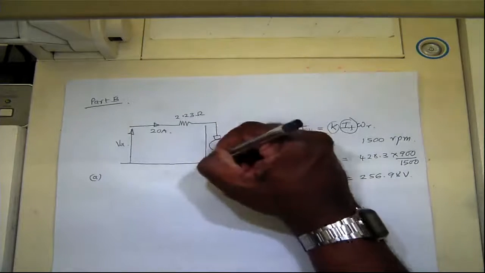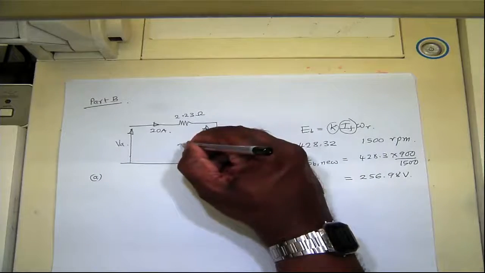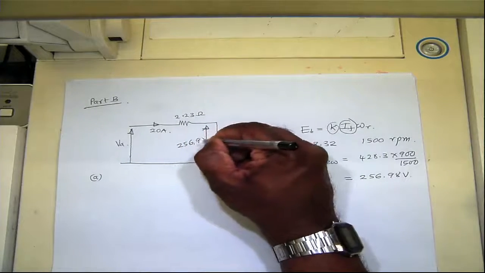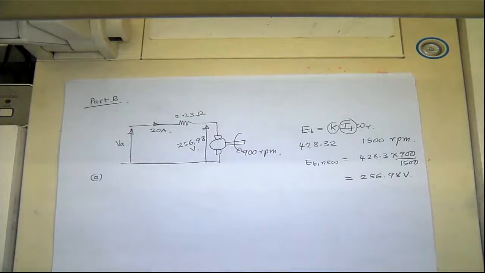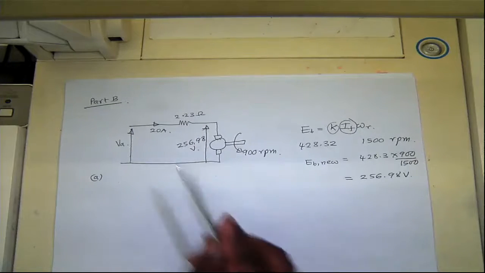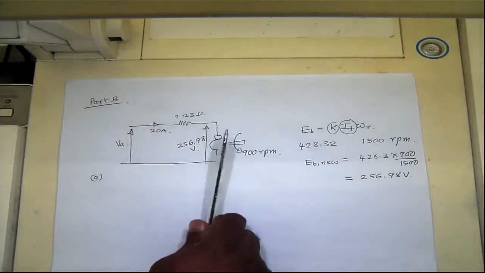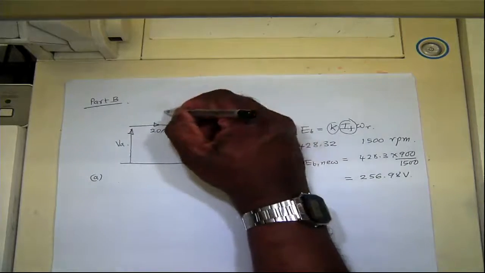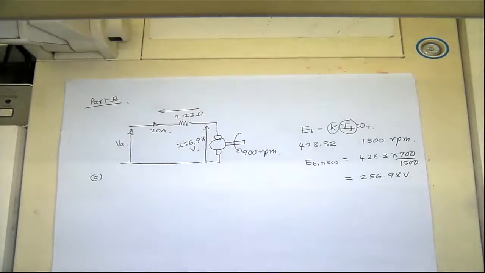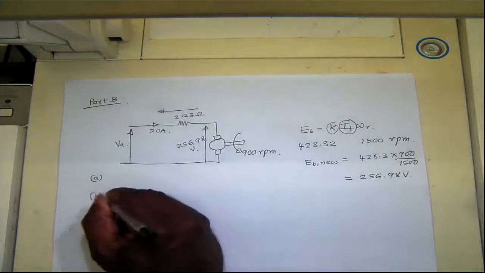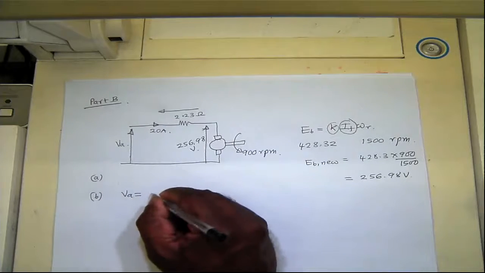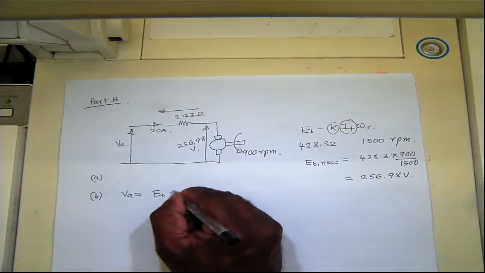So this is now at 256.98 volts. Second part, calculate the terminal voltage at this operating condition. So you have the current, you have the back EMF, then you can find the voltage drop across this armature resistance. So for part B, the terminal voltage will be EB plus IA RA.